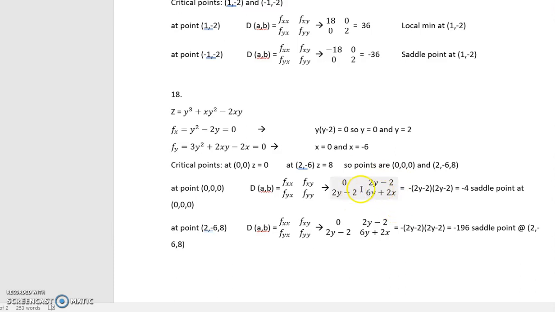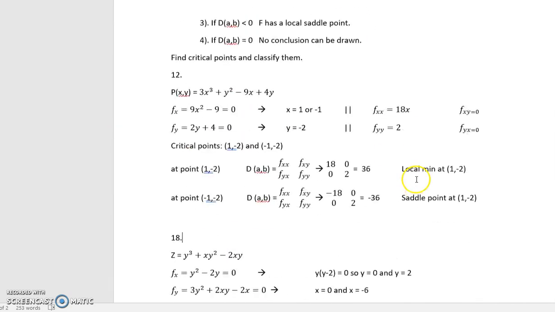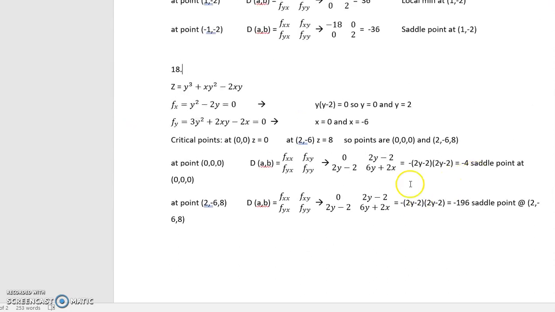So we take the determinant: 0 times (6y plus 2x) is 0, minus (2y minus 2) squared. We got that, (2y minus 2) times (2y minus 2). So we plug in y. So we have minus 2 times minus 2 is 4, but we have to remember this negative sign in here. So it's -4. So then the determinant D is less than 0, so then we're only left with number 3, our rule right here. So it is a saddle point, -4.